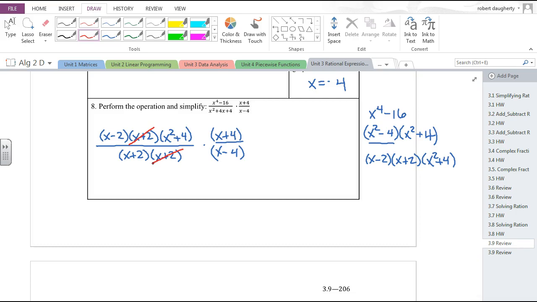So my final answer is x minus 2, x squared plus 4, times x plus 4, all of that divided by x plus 2, x minus 4. Not really much simplifies in that one, but that is all we can do for this case.